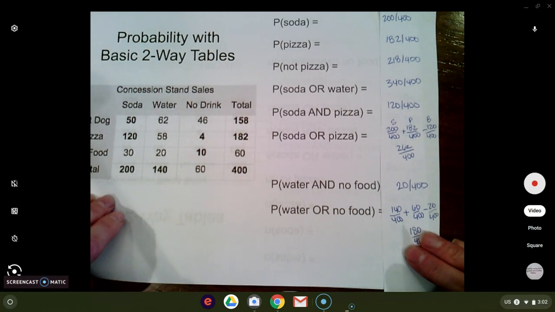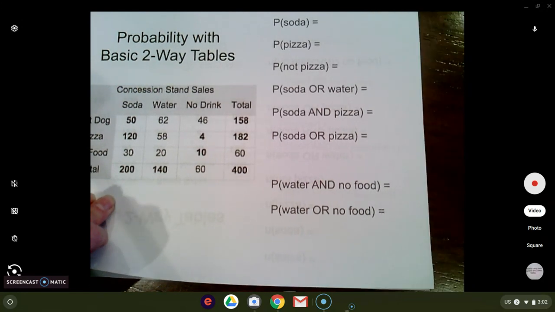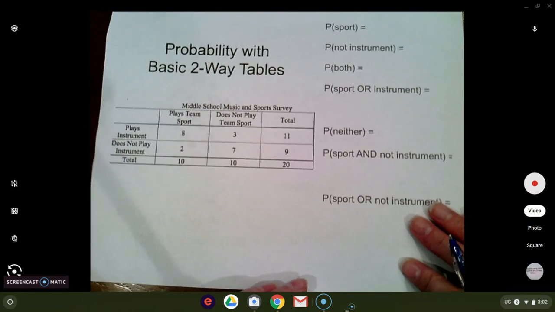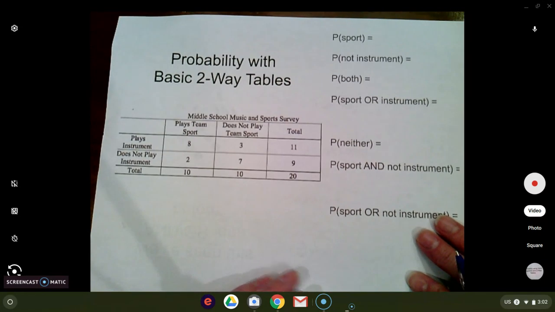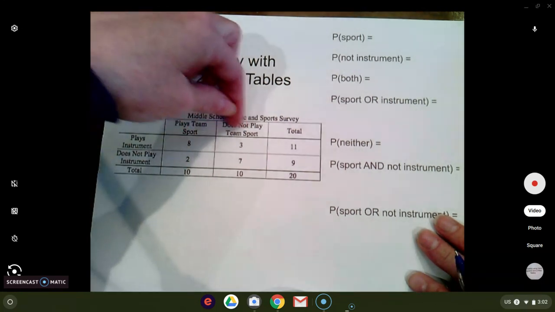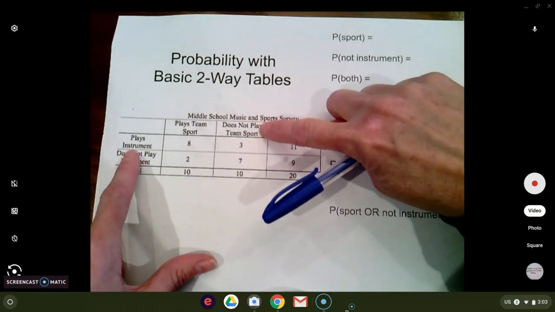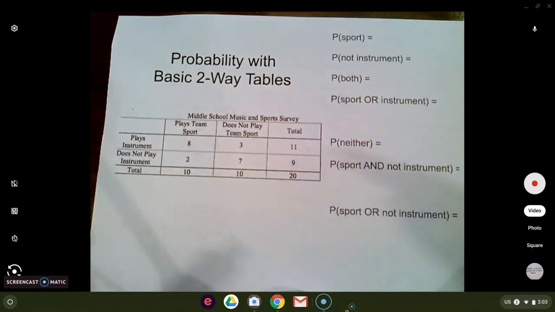All right, let me give you guys an opportunity to try this. Let's consider this two-way table. This is middle school kids and whether or not they play an instrument or a team sport or not. So when you ask somebody, do you play an instrument? Do you play a team sport? And you want to set up these tables, you have to have columns and rows for the not answer.